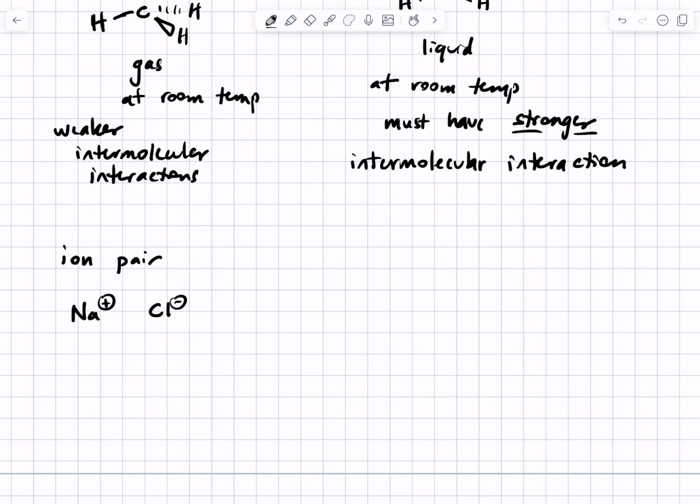You learned about that in general chemistry, and somebody maybe told you that it was an ionic bond. In organic chemistry, we reserve the term bond for a covalent sharing of electrons. Instead of an ionic bond, we'll just call this a charge-charge interaction.